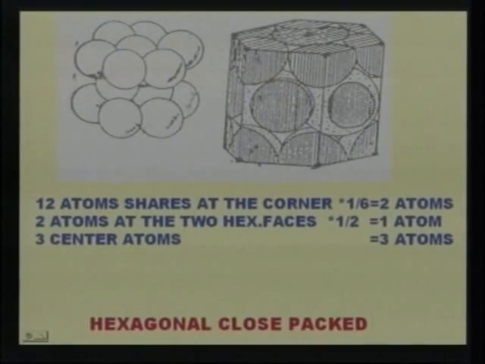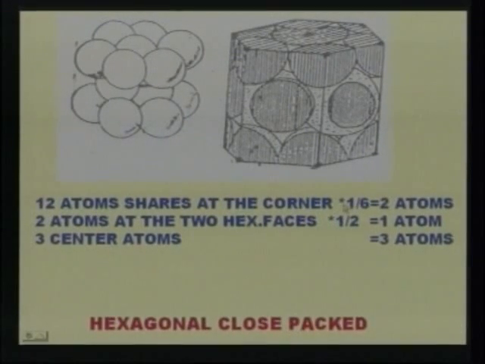These are 6 atoms in the corners of the hexagonal face, and there is another center atom, and in the middle in triangular shape there are 3 atoms, and on the bottom base there are another 6 atoms arranged in the corners. Here you can see how the atoms are shared in the corners. There are 12 atoms shared at the corner, each in a 1/6 part.